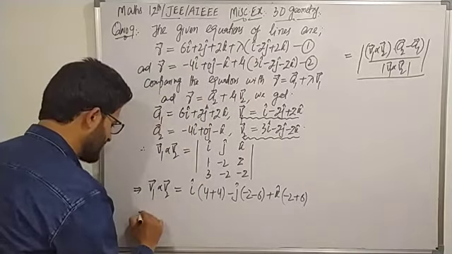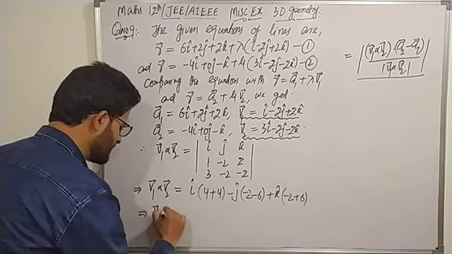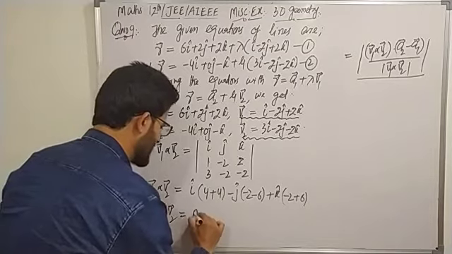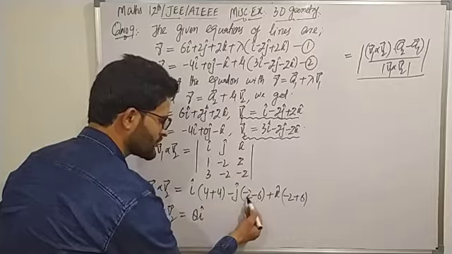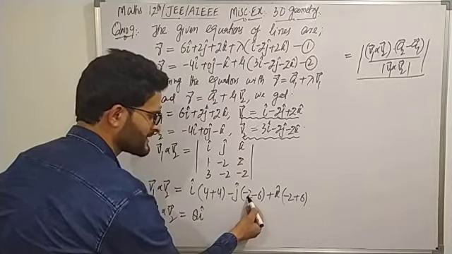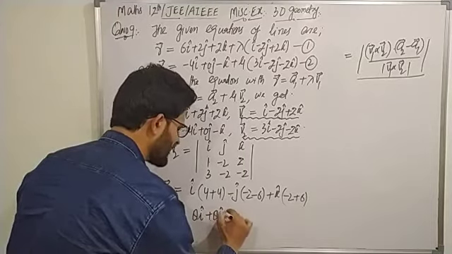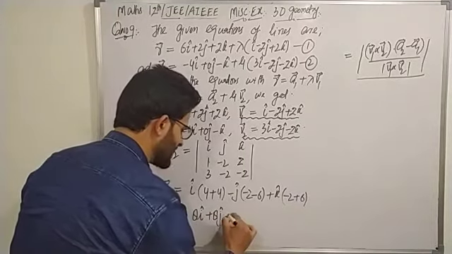So v1 cross v2 equals 4 plus 4, that is 8i, minus j times (minus 2 minus 6, that is minus 8), so minus 8 into minus j is plus 8j, and minus 2 plus 6 is plus 4k.